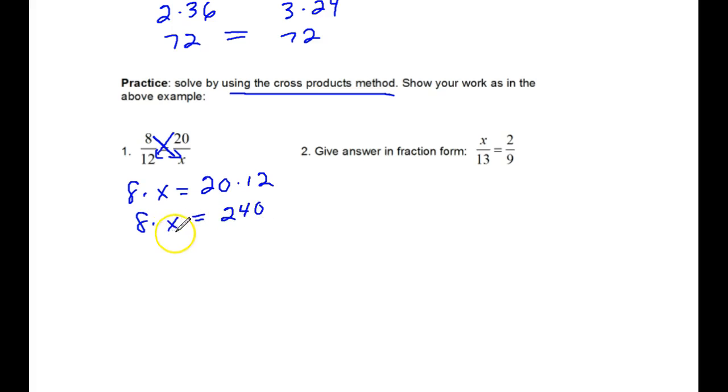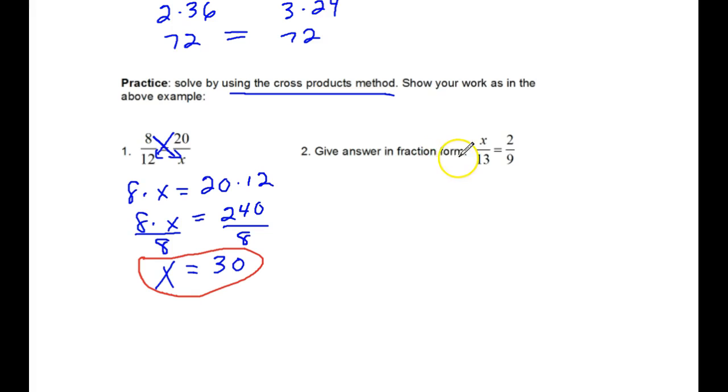I have an equation. I'm going to divide both sides here by 8 because 8x divided by 8 just makes x. 240 divided by 8 is 30. You could check your cross products if you want to make sure that we have the correct answer.